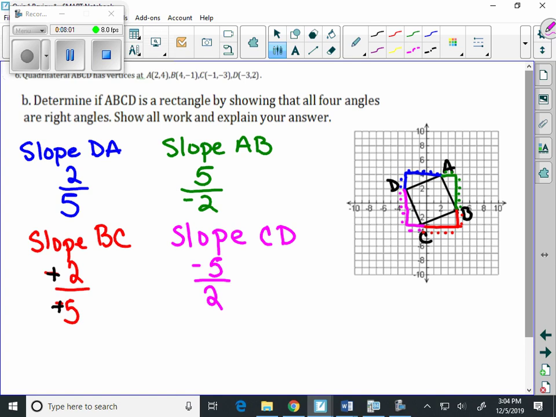It says, determine if ABCD is a rectangle by showing that all 4 angles are right angles. And I wrote a lot on this one.